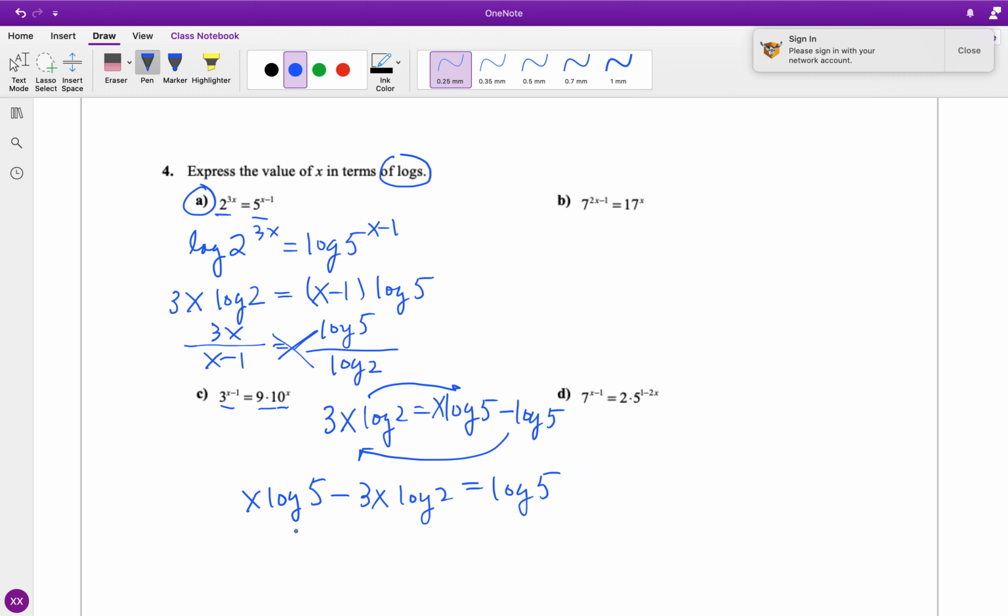Okay, now pull the x out. See, this is how you isolate the x. So then pull the x out, then you got x times log 5 subtract 3 log 2 equals log 5. And therefore x equals log 5 over log 5 subtract 3 log 2.